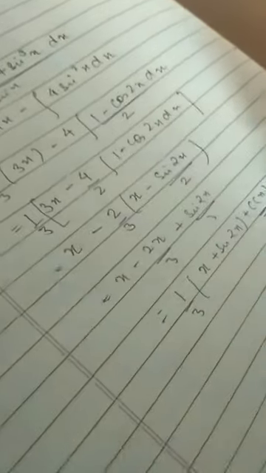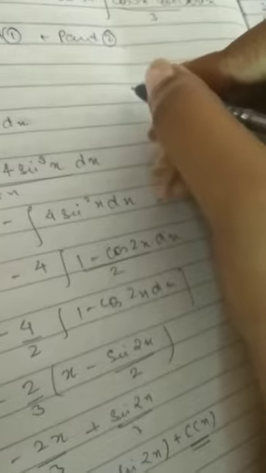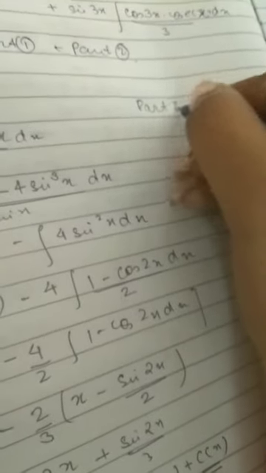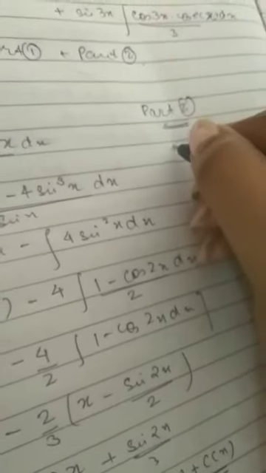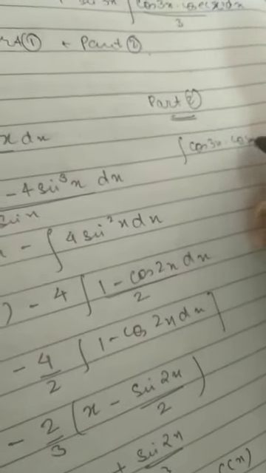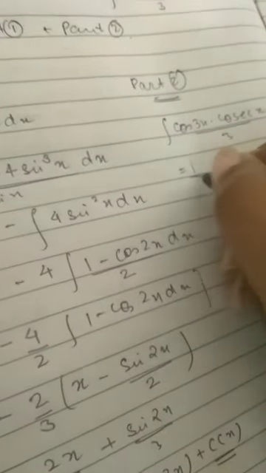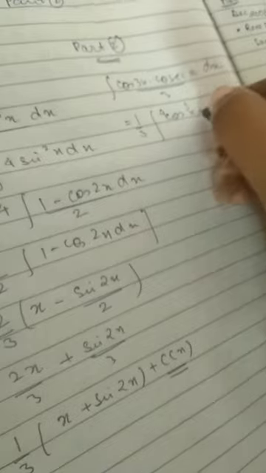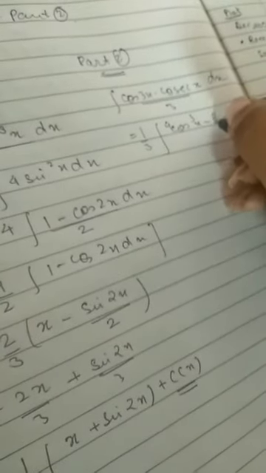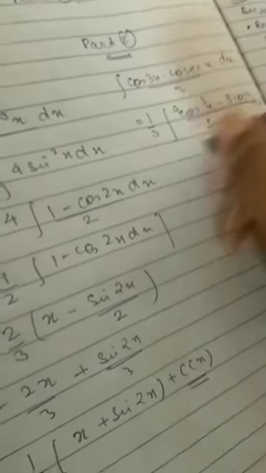Now we will solve part 2, the integration of cos 3x times cosec x by 3 dx, where cos 3x is 4 cos cube x minus 3 cos x, and this is again divided by sin x dx.